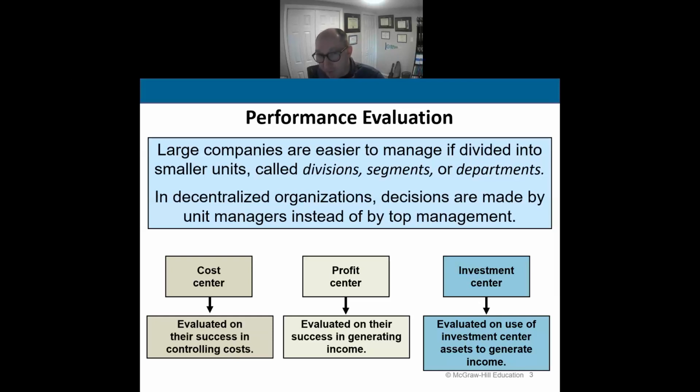So the food and beverage division has departments or segments within that division. Food and beverage also has a department for banquets, a department for convention, a department for restaurant, a department for room service. You see what I'm saying?